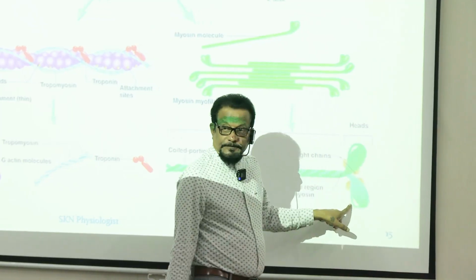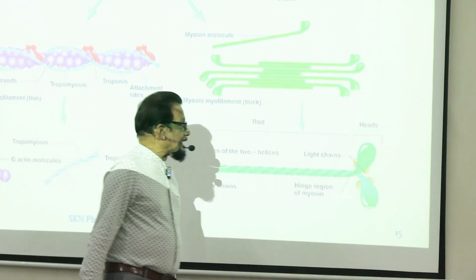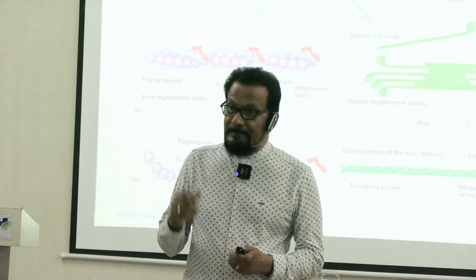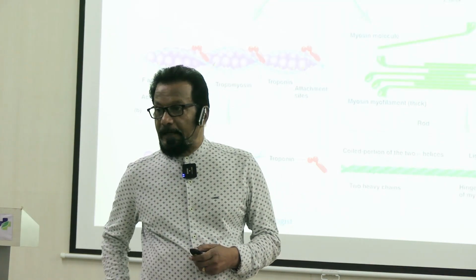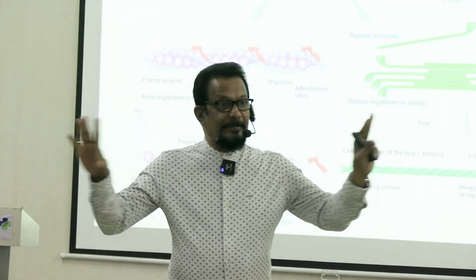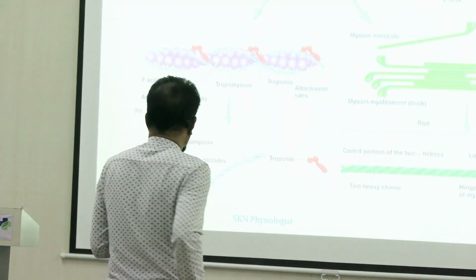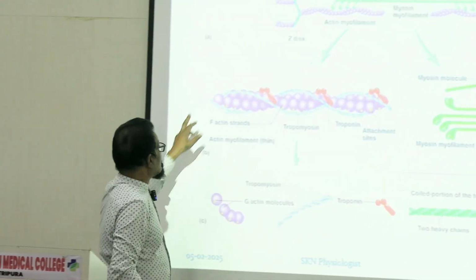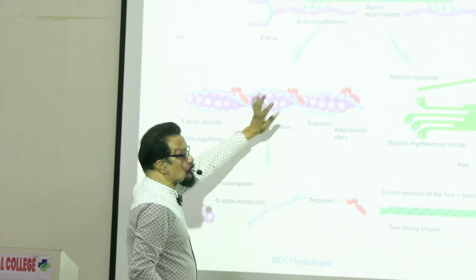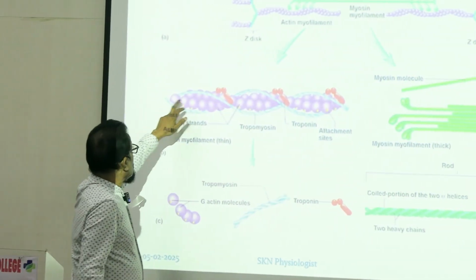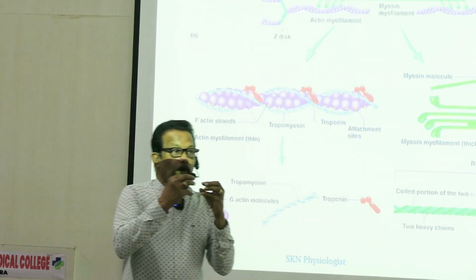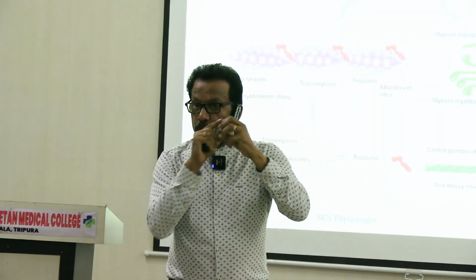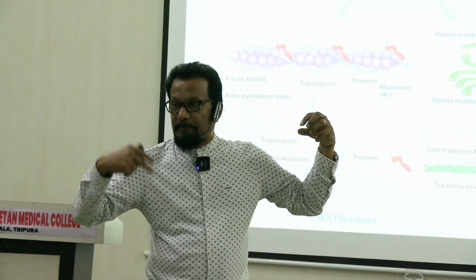These are the myosin heads, and these are light chains. There are two light chains: one is the alkaline light chain, another is the regulatory light chain. Okay, is it clear to you? Fine. And about the actin filaments, there are three components in the actin. There are globular proteins, two beaded chains, also spirally arranged.